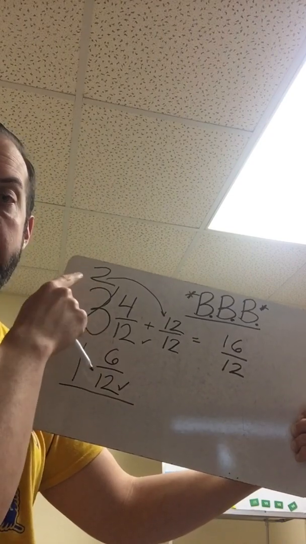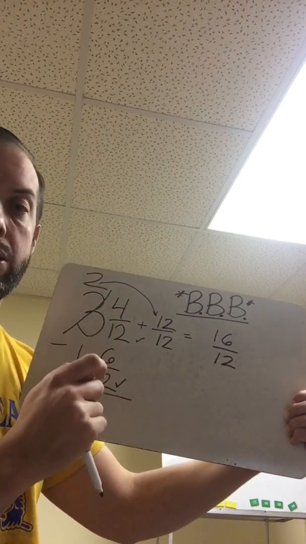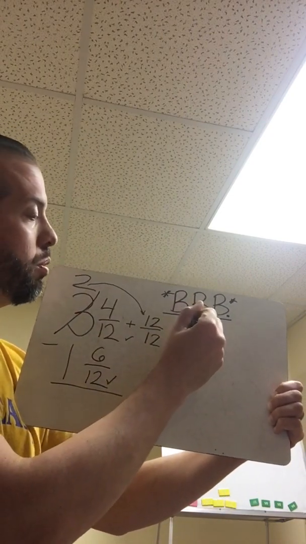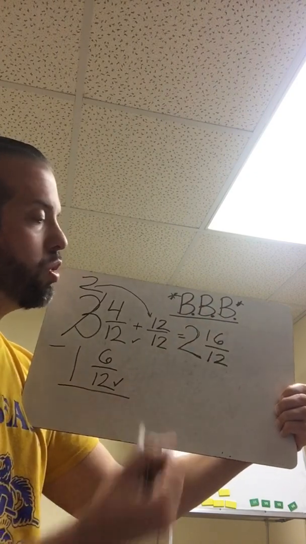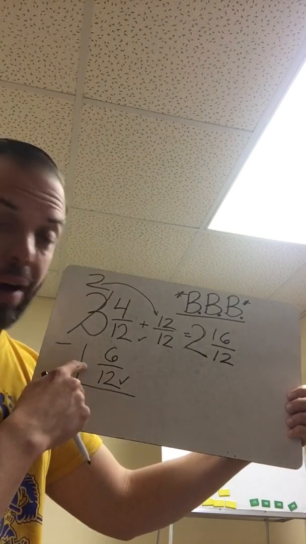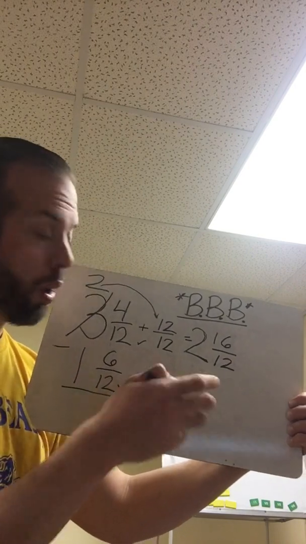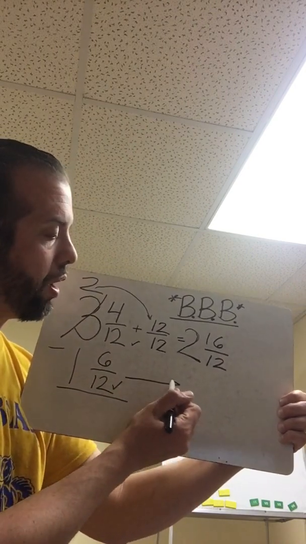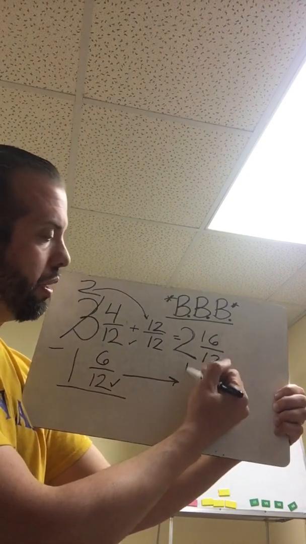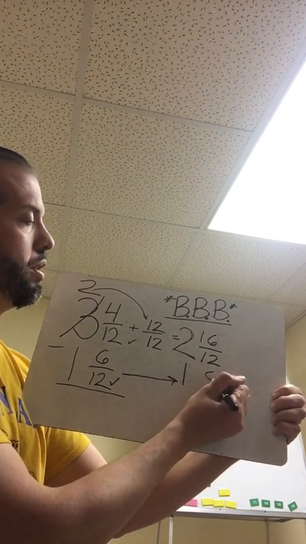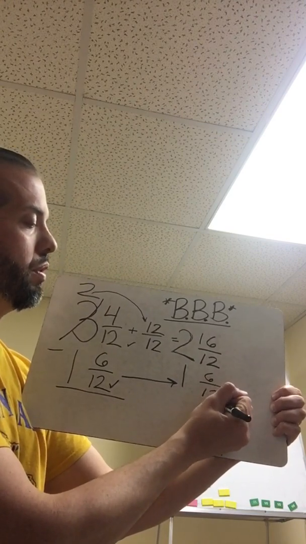I'm going to bring the 2 over to my 16 12ths. So I'm going to do 2 as my whole, 2 and 16 12ths. And now I'm just going to scoot this guy all the way over. Remember I told you I'm not changing him at all. He is staying that. So we're going to keep 1 and 6 12ths.